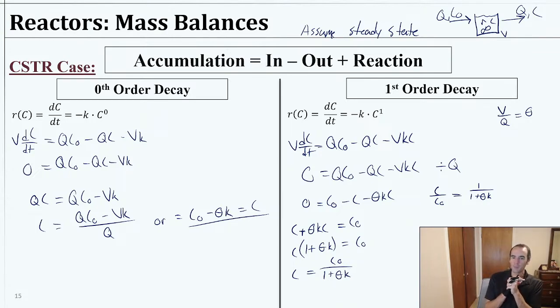Okay, so I'm going to wrap up in just a moment, but what I really want to highlight here is that these are derived for specific scenarios. I really do want you to learn this process. This is most of what the class is about, is adapting and applying this type of process to different systems.